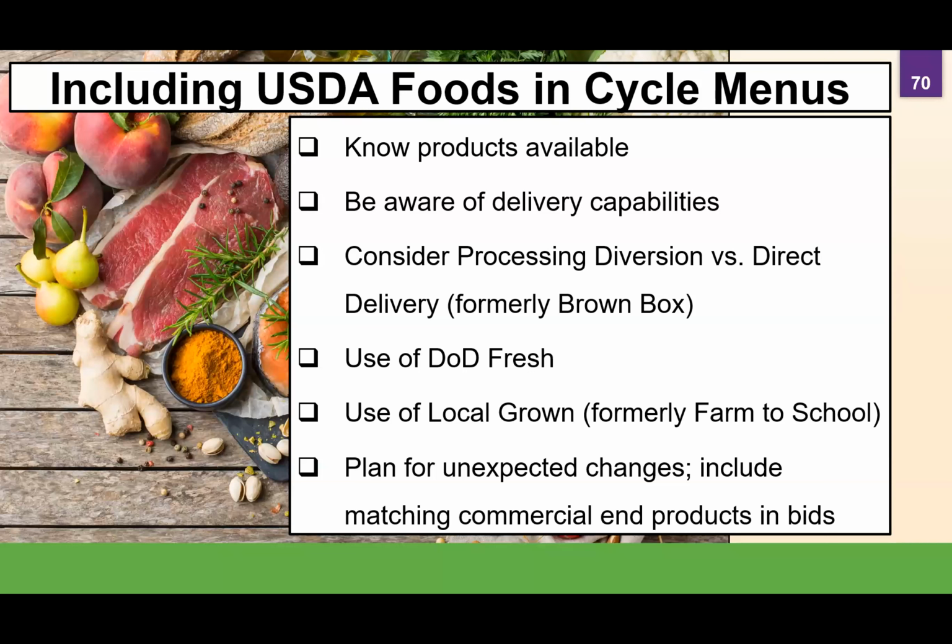Are you using DOD fresh? These are great fresh fruits and vegetables that you can get through DOD using your entitlement. Use of local grown, formerly called farm to school. These are items that are grown here in Texas, local to you. And it's great to advertise that to our students and use those products.